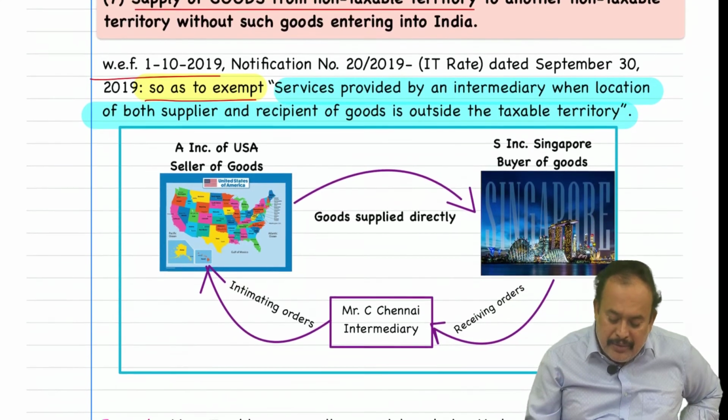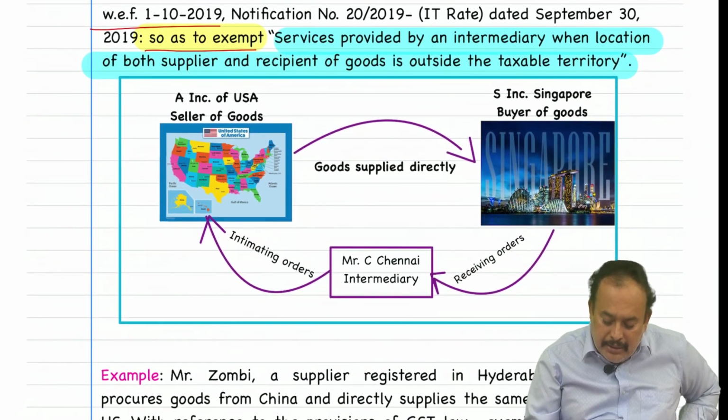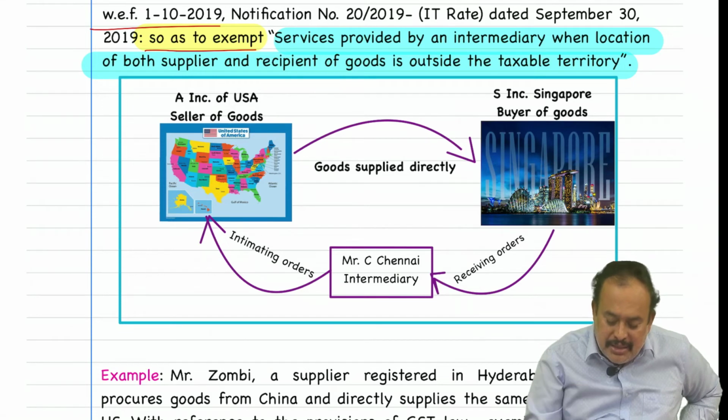Look here, my dear friends. In India, Mr. C is an intermediary.